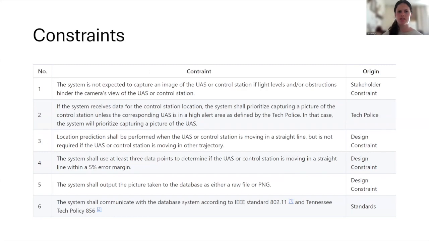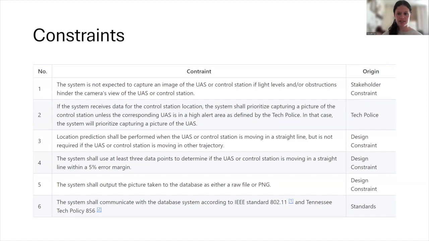This was important because the system will not be complex enough to determine whether the UAS or control station is obstructed from the view of the camera. It will take a picture regardless of light levels, regardless of these environmental factors. So this constraint is saying that the team cannot be held liable for not capturing an image of the UAS because the system is not complex enough for that.